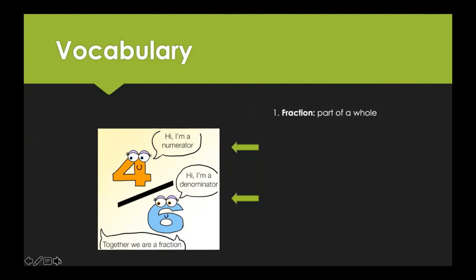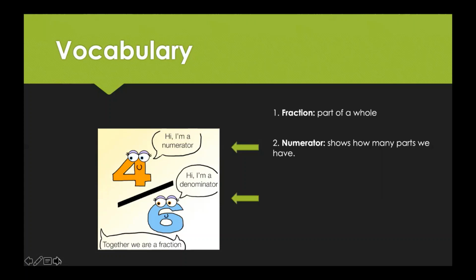If you divide one whole into equal parts, those parts are known as a fraction. What about the numerator? The numerator shows how many parts we have. It is also the number on top.